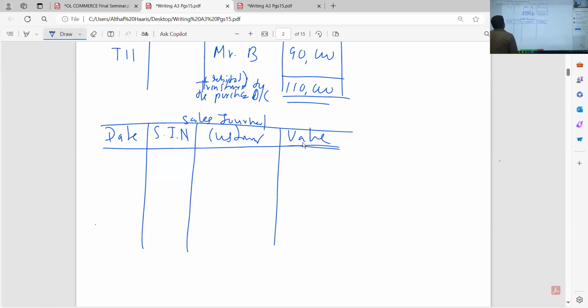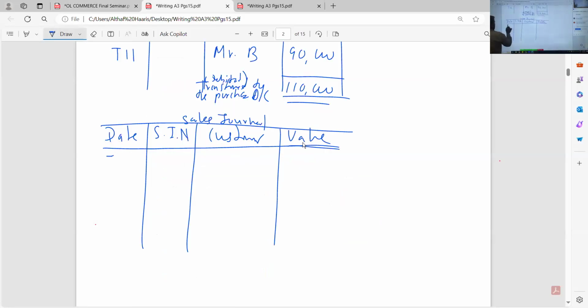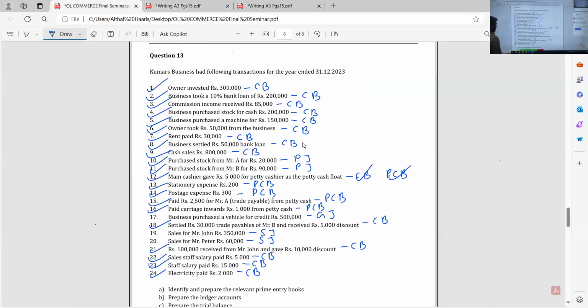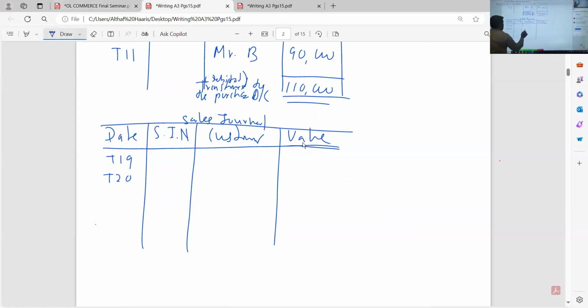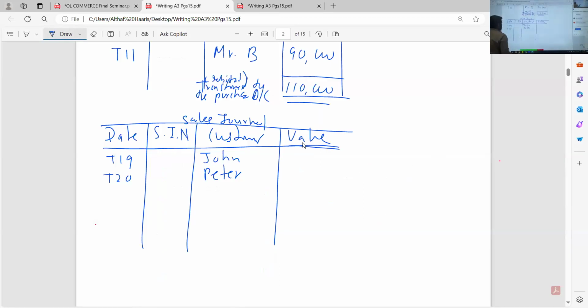So what are the transaction numbers? T19, T20. Who are the customers? John and Peter. What are the values? 350,000 and 60,000.